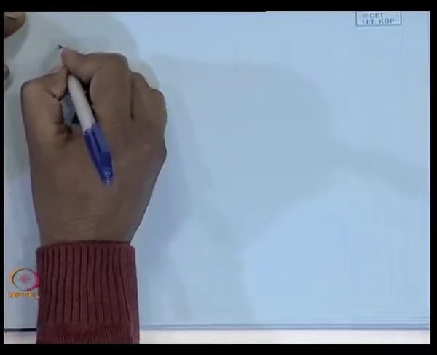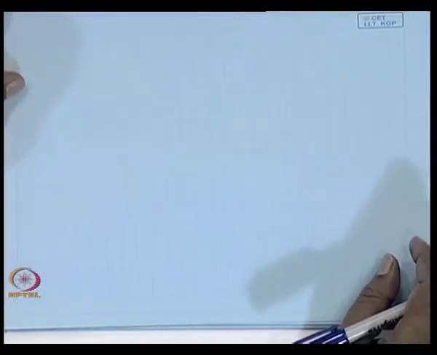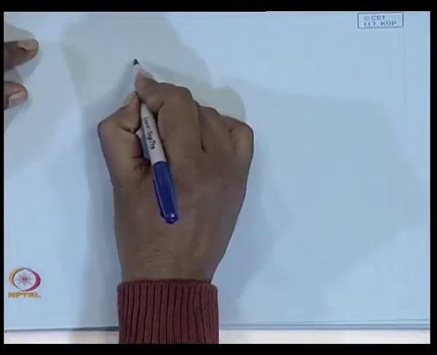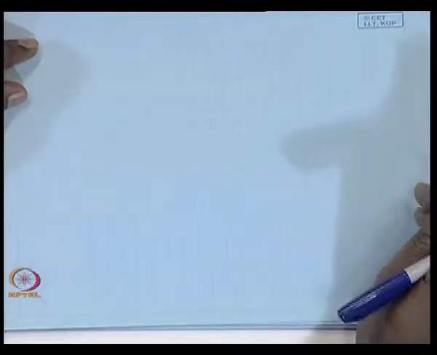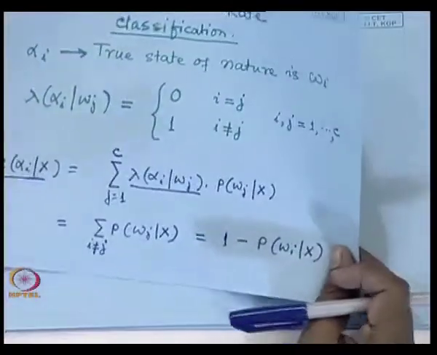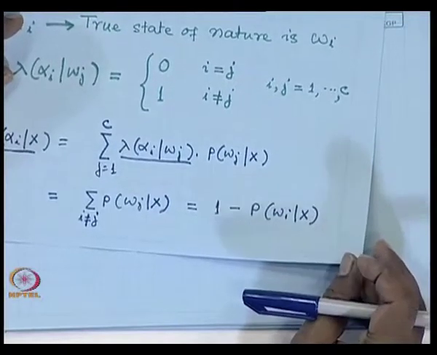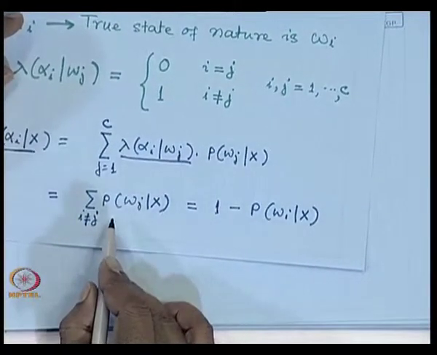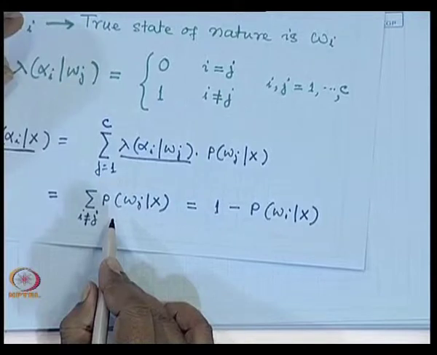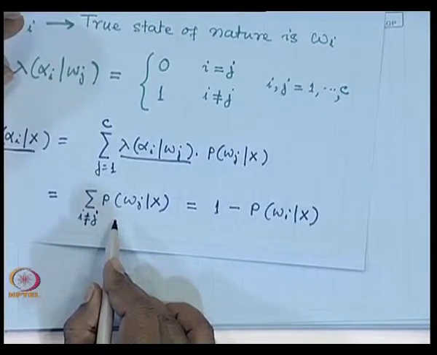Now, let us come to another concept which is called a discriminant function. So, effectively what are the classifiers that we have? For I equal to j, anyhow that particular term will be 0. In this particular previous summation, for I equal to j, that probability will be multiplied. Probability is not 0.